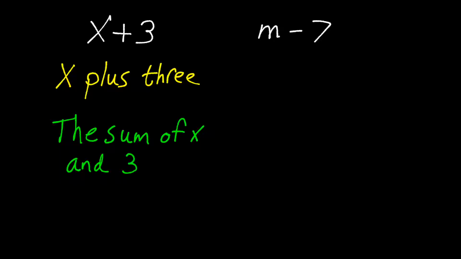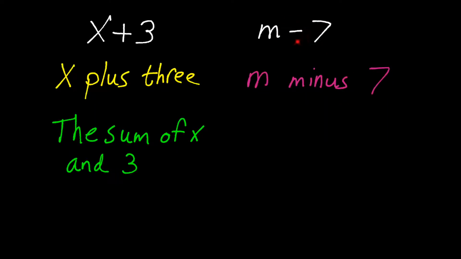Hopefully you're thinking to yourself, well, one way we could say is m minus 7. We're using our variable m and our constant 7, and instead of saying the subtraction sign, we're saying minus.